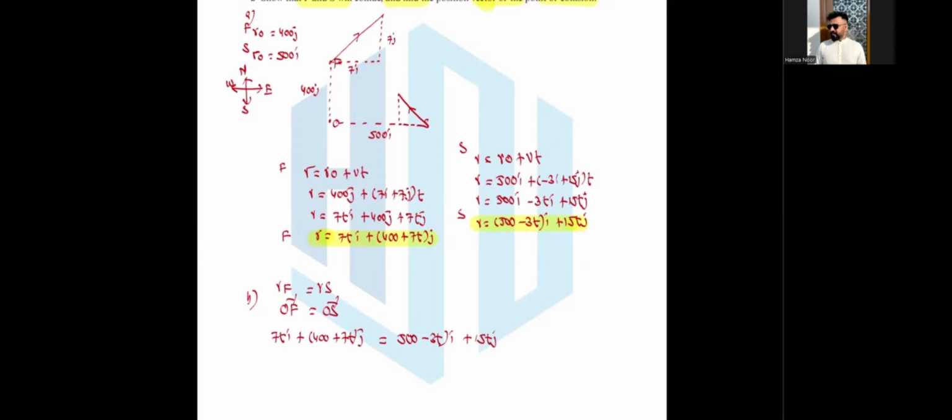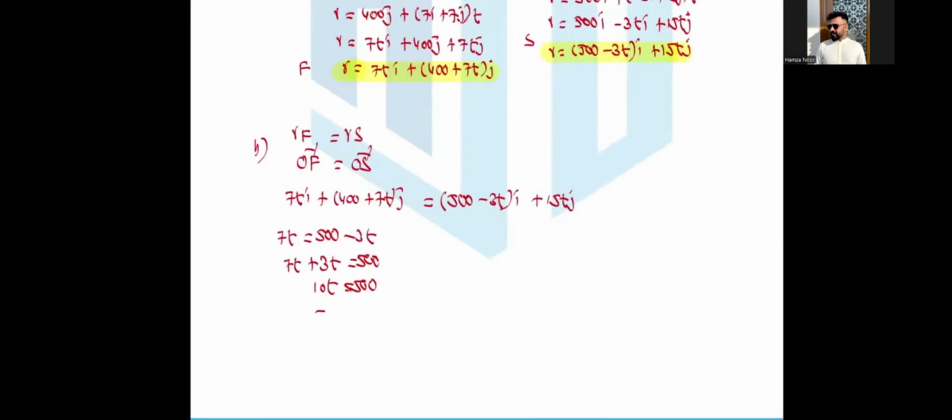When these two vectors are equal, the i component is equal to the i component and the j component is equal to the j component. Equating the i components, 7t = 500 - 3t. So 7t + 3t = 500, so 10t = 500, meaning t = 500 divided by 10, so t is equal to 50 seconds.